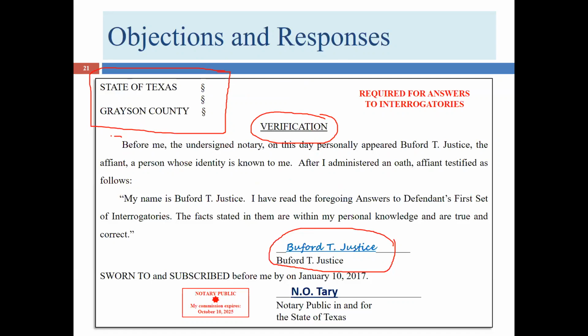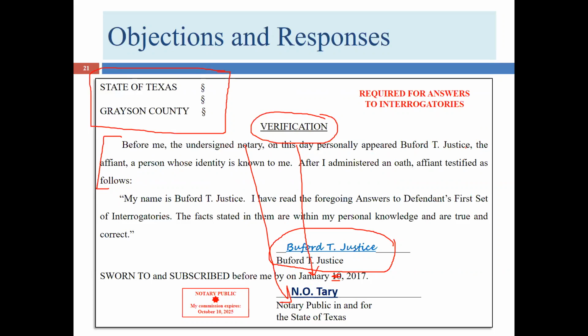So we have here, this is going to reference the notary, so that is our notary. So let's imagine this is Nancy Ophelia Terry. That is this person's title. Before me, the undersigned notary, so this person right here, on this day, and we have the day right here. And again, the notary might well have a space here where the date can be written in.